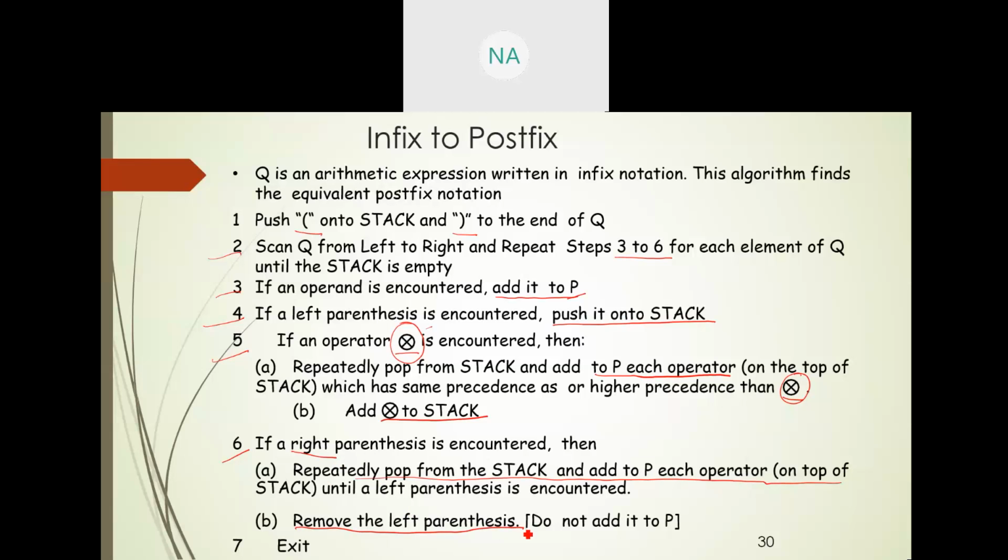That left parenthesis is not added to the expression P. Polish and reverse Polish notation do not contain any parenthesis. So steps 3 to 6 are repeated until the whole expression is scanned, and after that you exit.